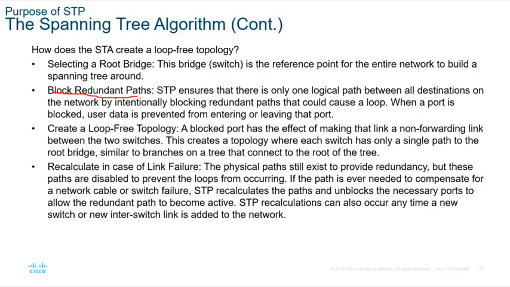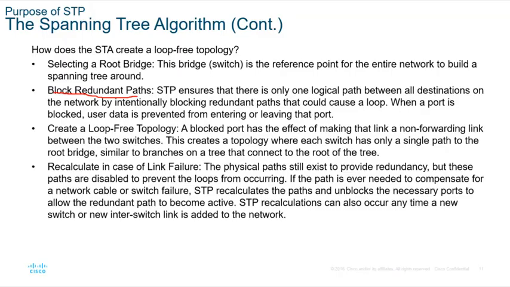So they are trying to give us a scenario that can help us absorb the concept. Then recalculate in case of a link failure. If the single logical primary link goes down, then automatically they are going to negotiate, and the blocked one is going to come up.